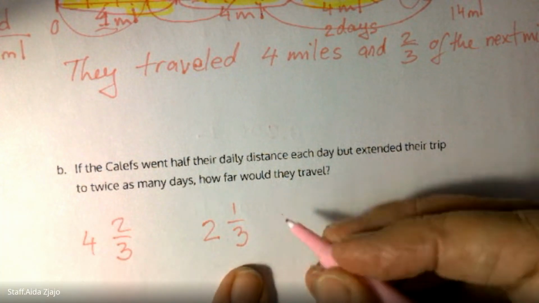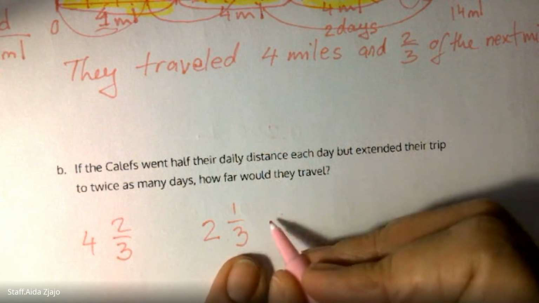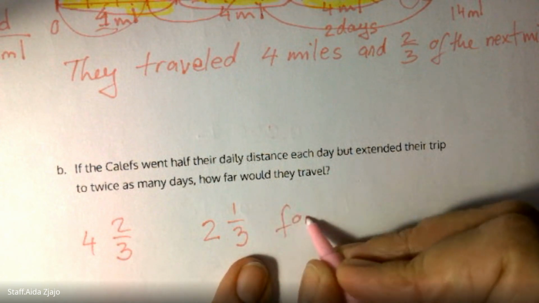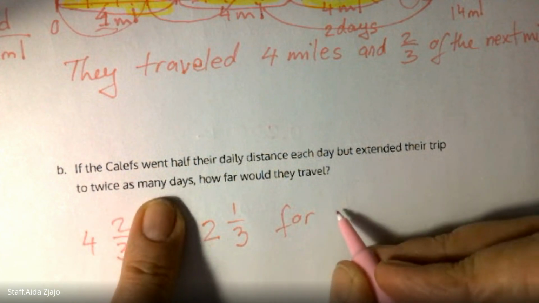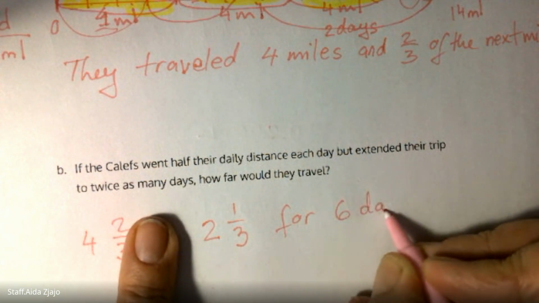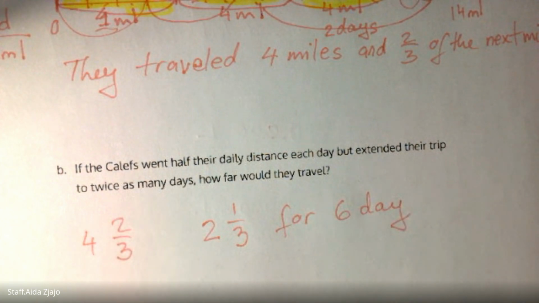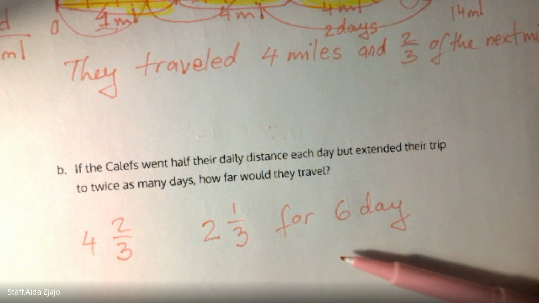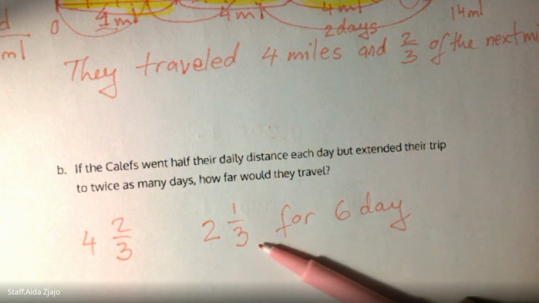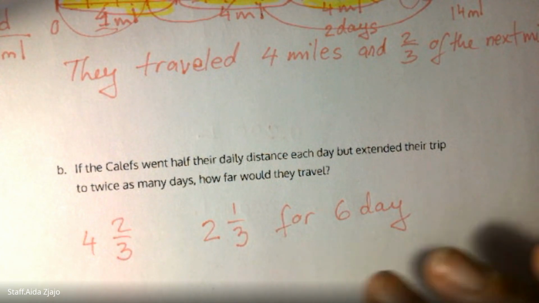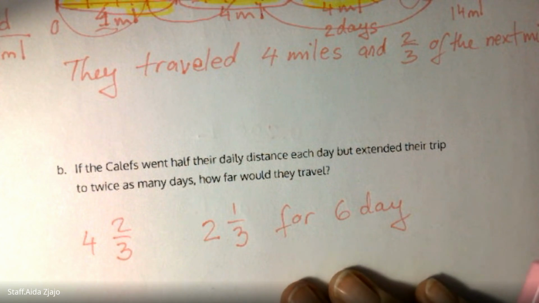So then they will do this for twice as many days, so 6 days. For 6 days, they will do only 2 1/3 of a mile.